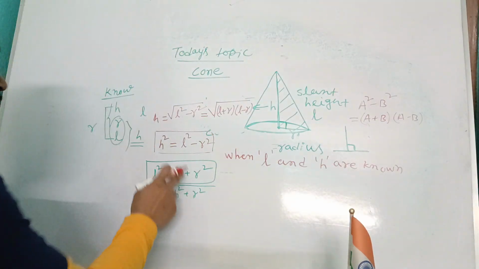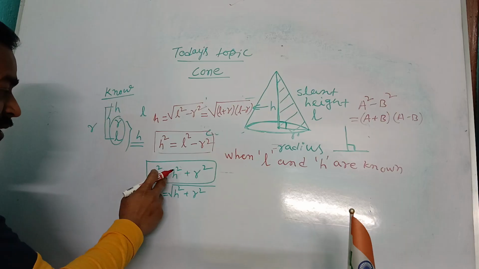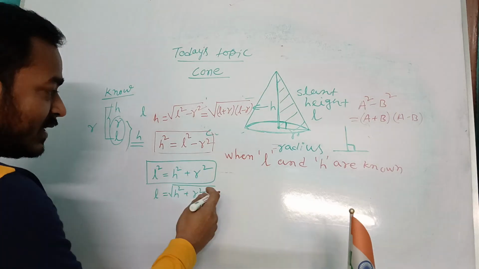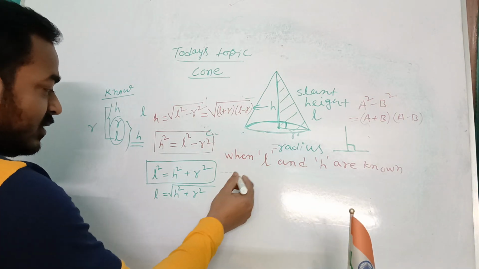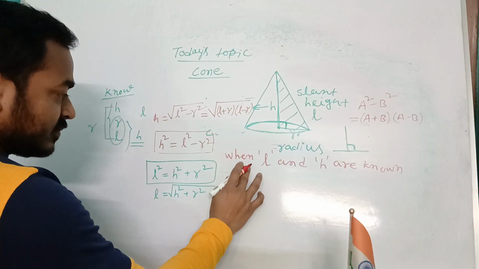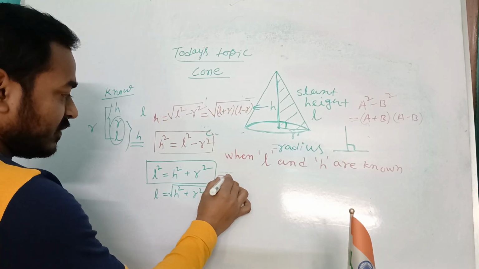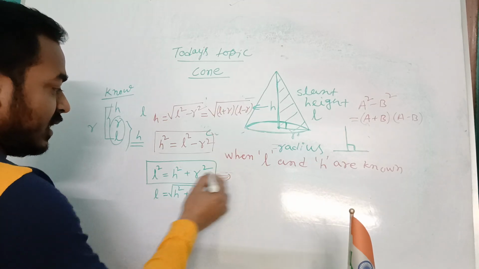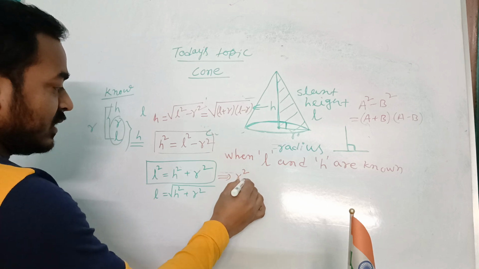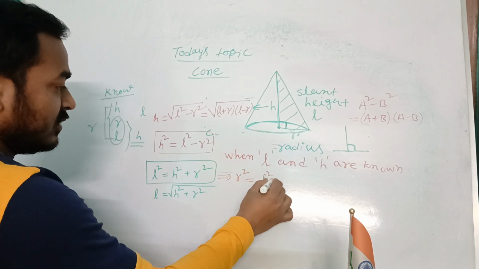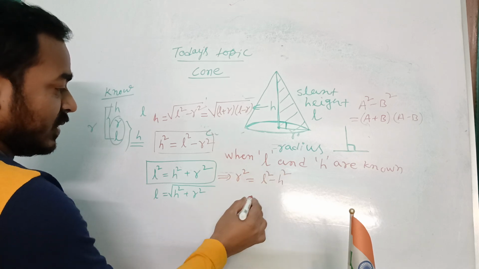So from here, this is our equation: L square equals H square plus R square. So we can write R square is equal to L square minus H square.